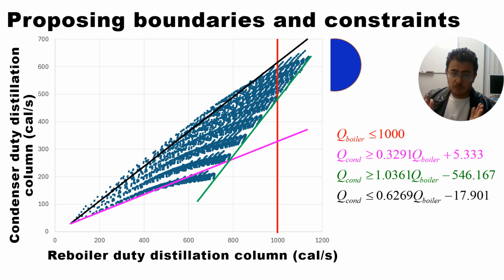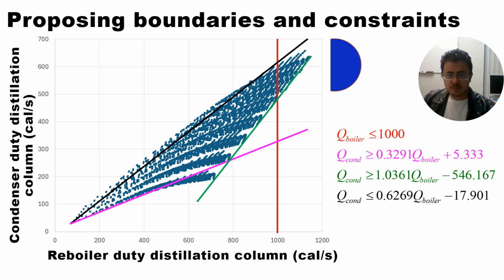In this case, we can propose an equation to say that the duty of the boiler is lower than 1000, because maybe the points where the boiler duty is greater than 1000 are not important, and we can limit this feasible region by several linear equations in order to obtain feasible solutions.